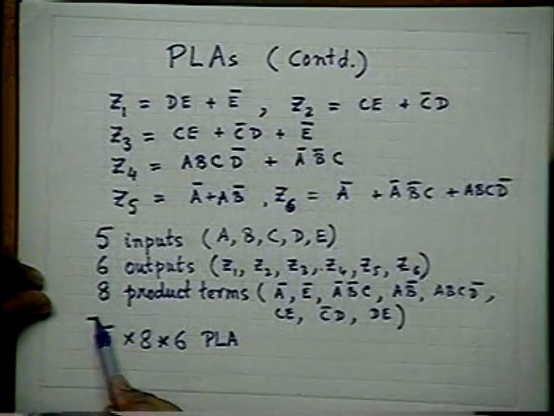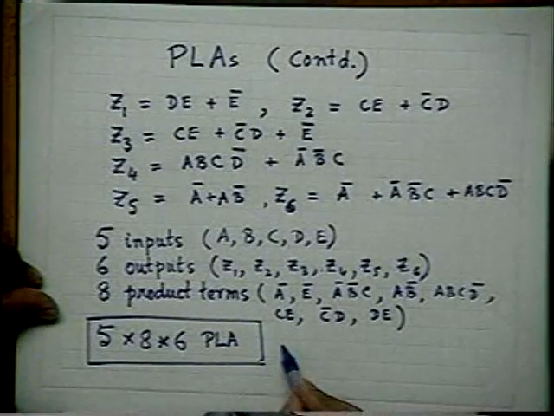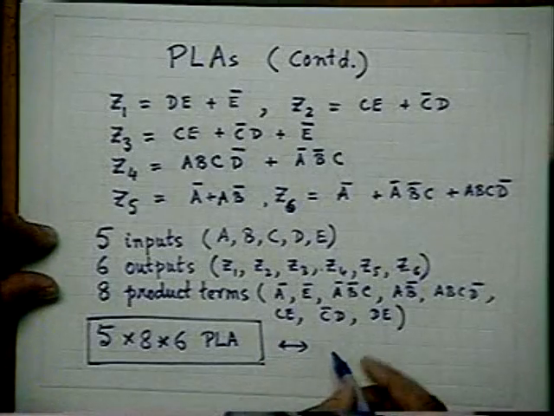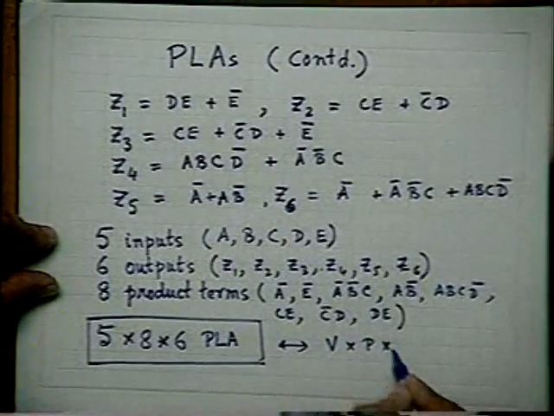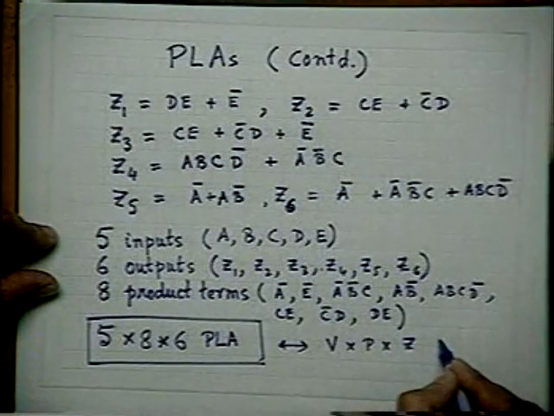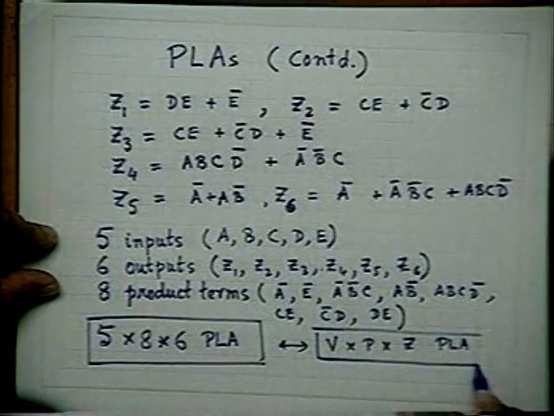Such a PLA is normally called a 5 by 8 by 6 PLA, or in general a V by P by Z PLA.